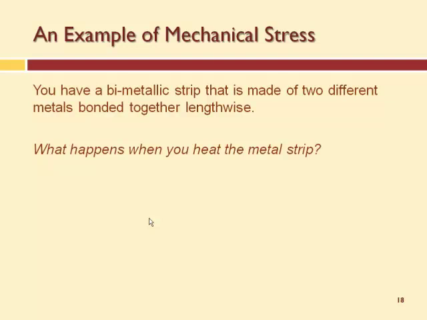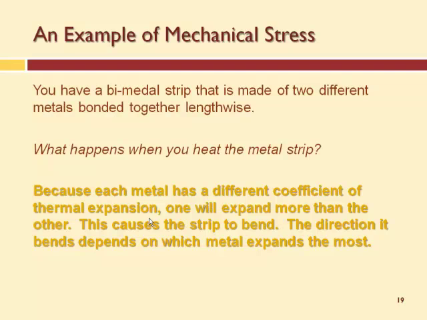Okay, so if one is expanding more than the other, it's going to want to bend in the direction away from the one that's expanding more. Okay? So you can use that information to determine something about the environment. If you coat it with a material that, let's say the pH is higher, one material expands more than the other, then you can use it as an acid sensor. Okay.